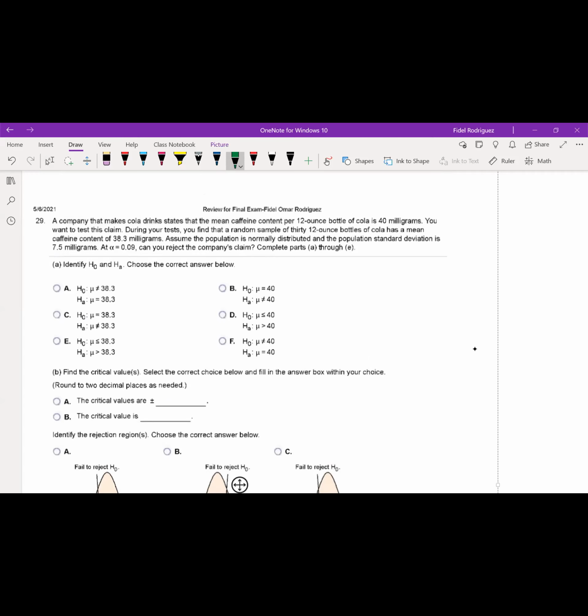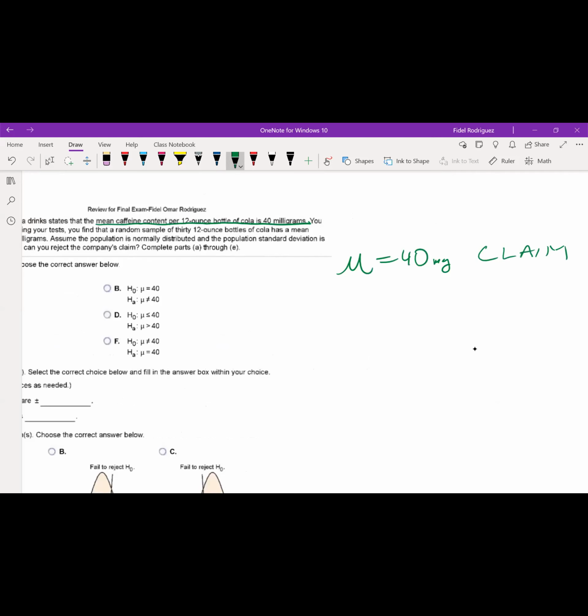So the mean is equal to 40 milligrams. This here, y'all, is our claim, okay? And because this one has the equal to, that's going to be our H0, our null hypothesis. So the HA is going to say it's not equal to 40 milligrams, okay?